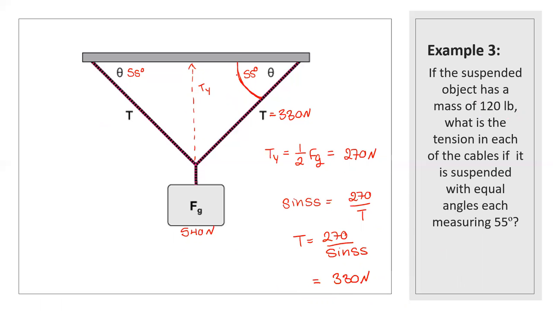You want to keep this angle between 30 and 60, but ideally as close to 60 as possible, because that means the cable is supporting a lot less than the mass of the object, so there's less stress on the material.